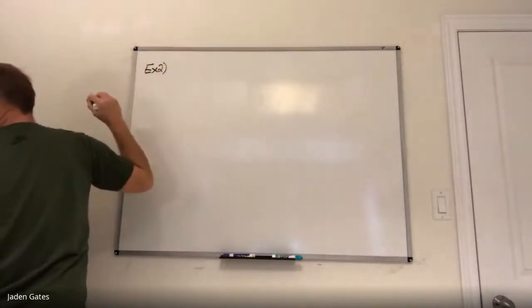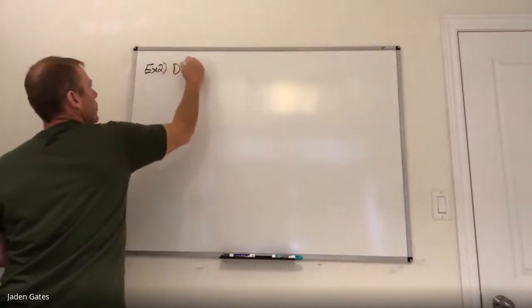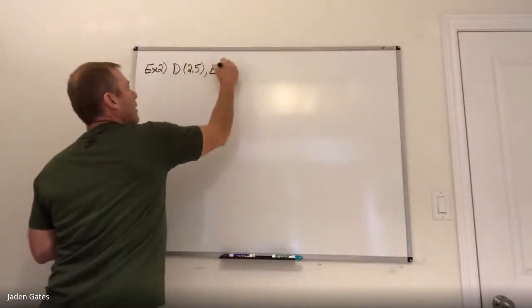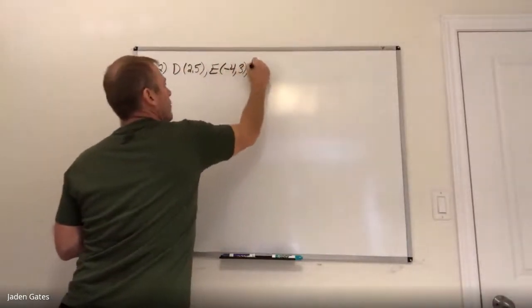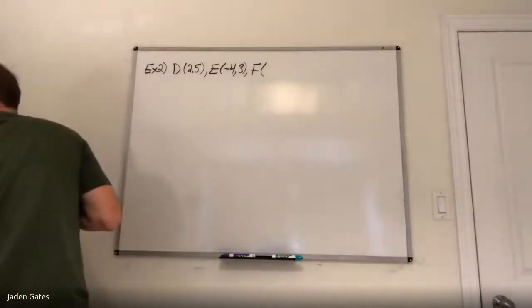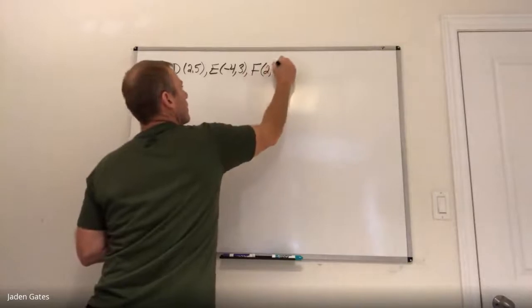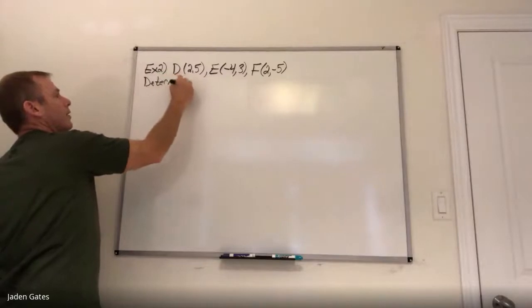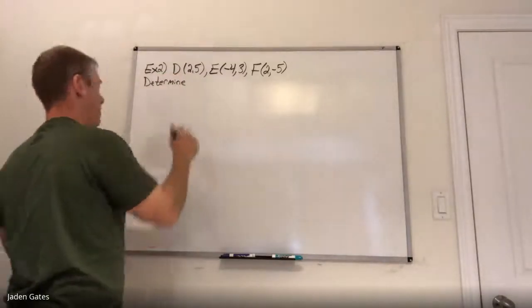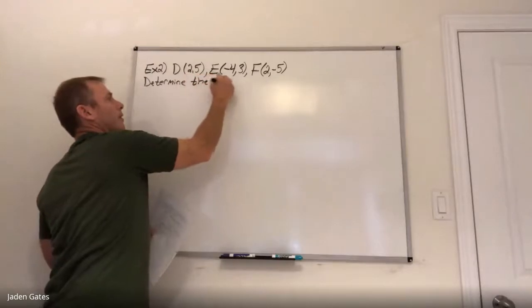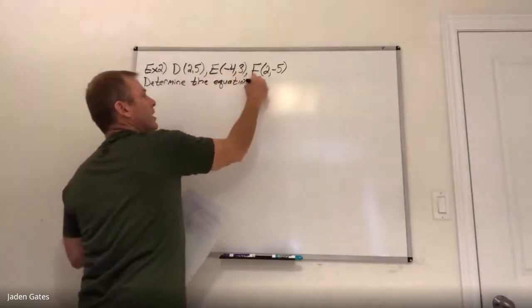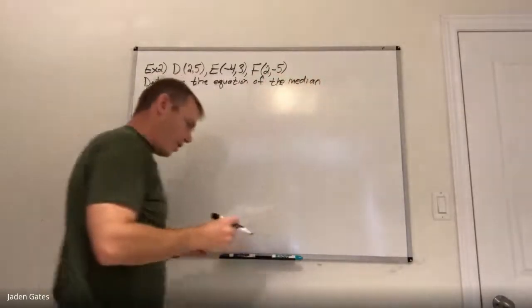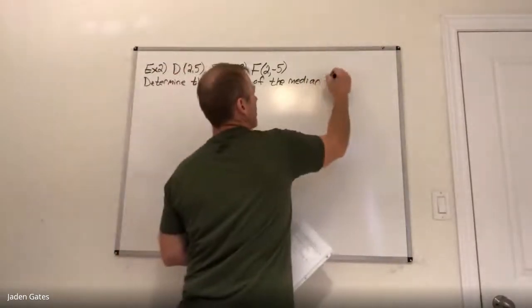Those 3 points are D, which is (2, 5). We also have E, (-4, 3), and F, which is (2, -5). And I want to determine the equation of the median. So I need it from what point here? From what point are we going? From the median from vertex D.